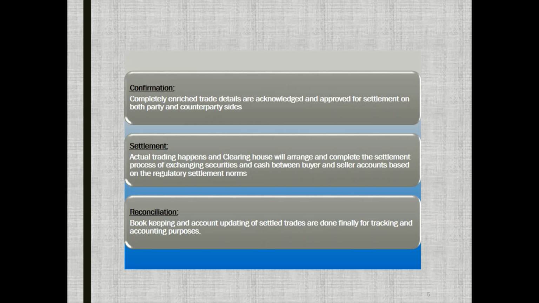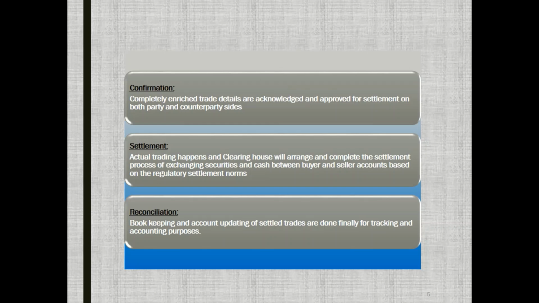Finally, the buyer has got the product, or the security, or whatever they have traded, and in return the cash, or the agreed exchange trading security, will be transferred to the seller account.